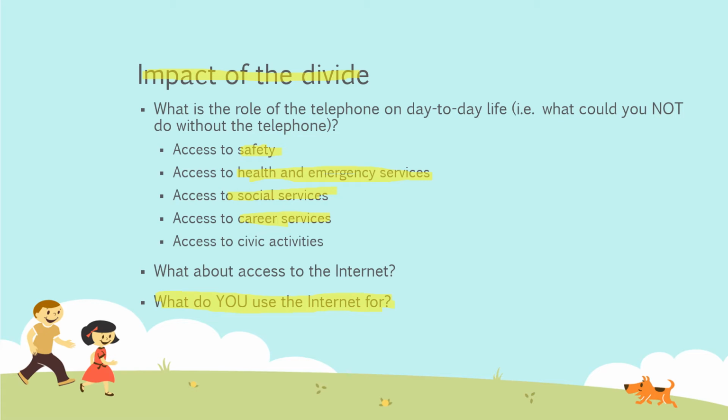For those who do not know how to use the internet or social media, it creates gaps for them to get the correct information or the correct support, and it creates problems. It creates a digital divide, and it affects your daily life.